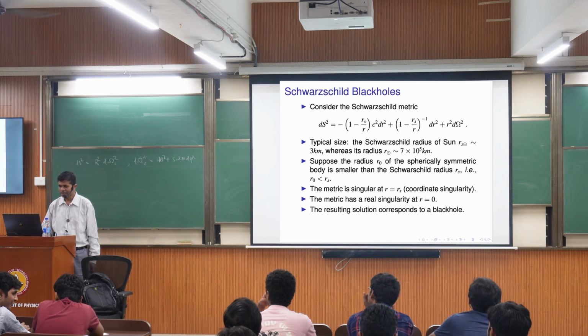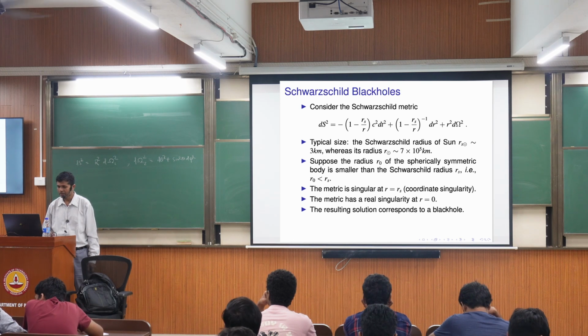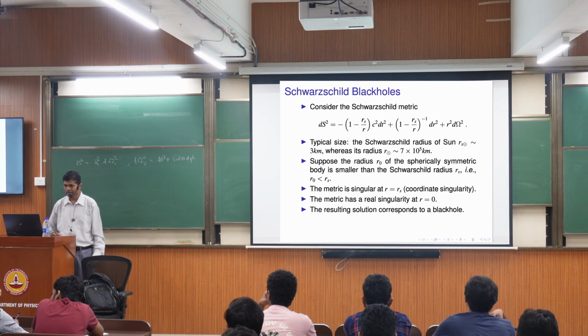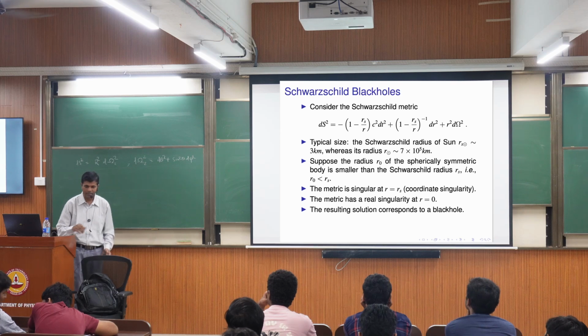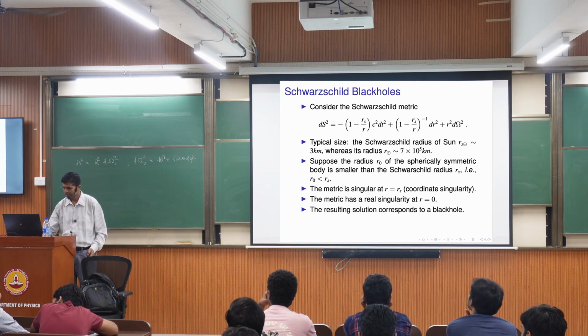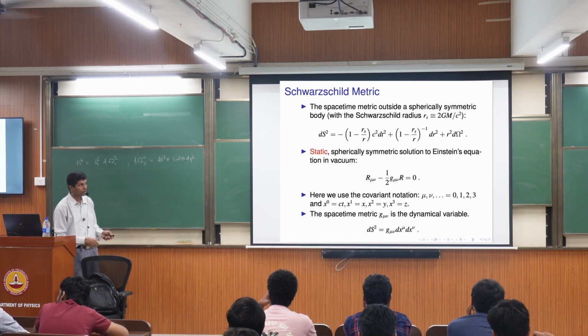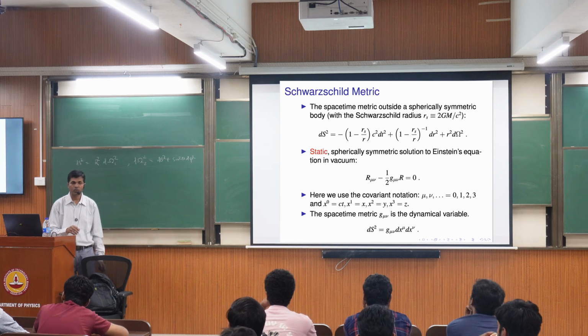This is how the metric looks. This is the metric of space-time outside a sphere, and this is experimentally verified. What I was saying is that this geometry comes from solving the equation of motion.